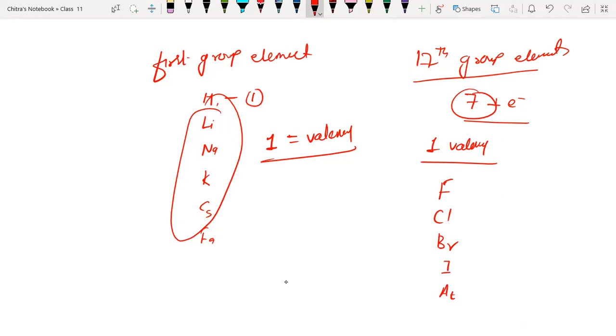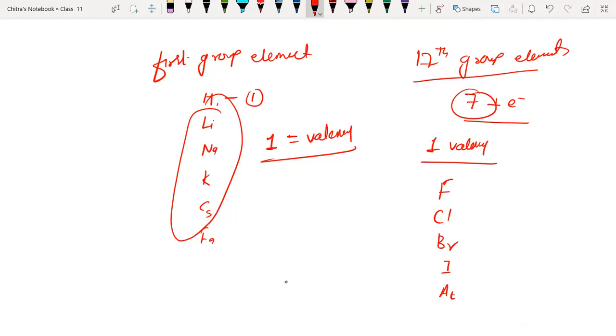All of them react with hydrogen to form their hydrides. Fluorine will form hydrogen fluoride, chlorine will form hydrogen chloride, bromine will form hydrogen bromide, iodine will form hydrogen iodide, etc.